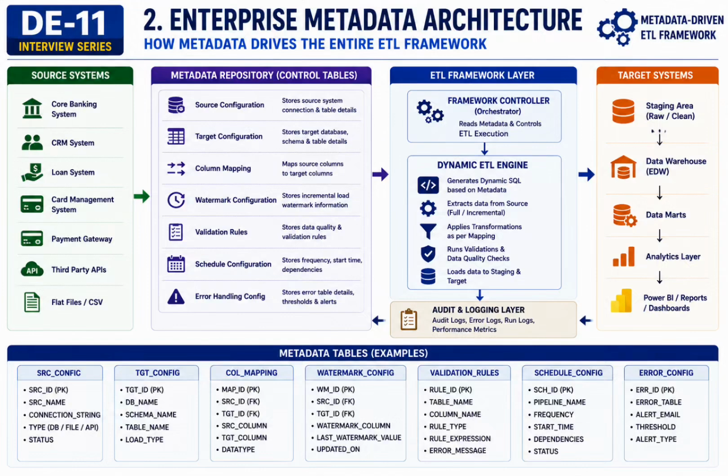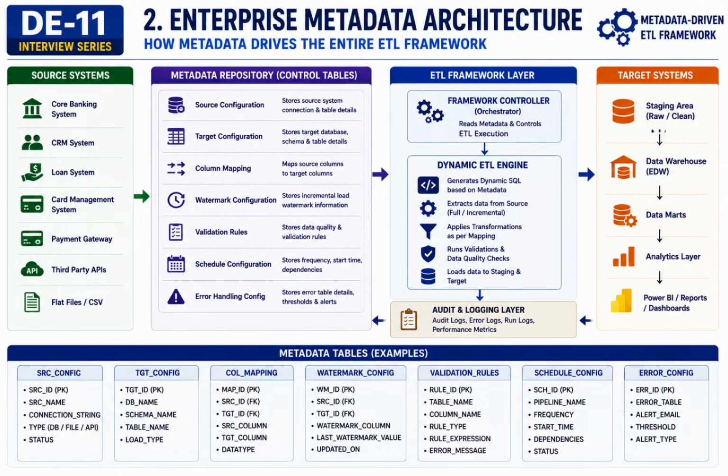Now comes the framework controller. Its responsibility is to read metadata and decide what needs to be processed. It passes all this information to the dynamic ETL engine. The ETL engine automatically generates SQL queries, extracts data, performs transformations, validates records, and loads them into a data warehouse.